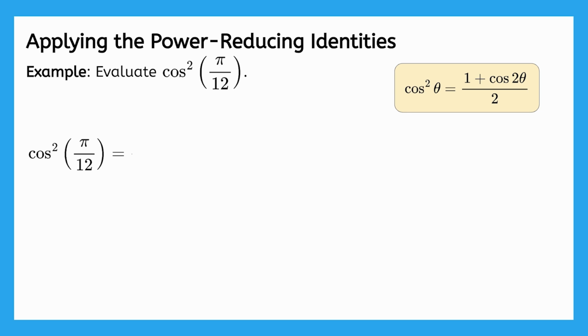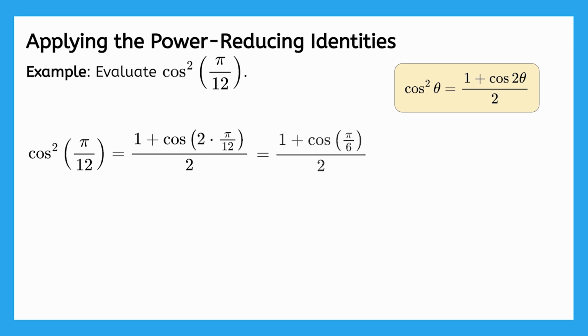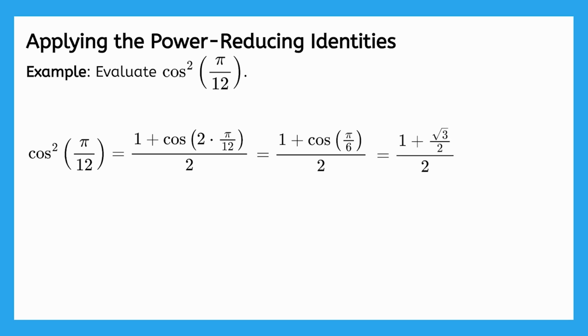We can rewrite cosine squared of pi over 12 using the power-reducing identity, where theta is pi over 12. 2 times pi over 12 turns into pi over 6, which we do know the cosine of. The cosine of pi over 6 is the square root of 3 over 2. And after simplifying, we get the result (2 plus root 3) over 4.